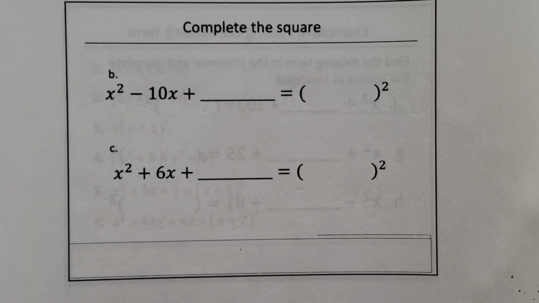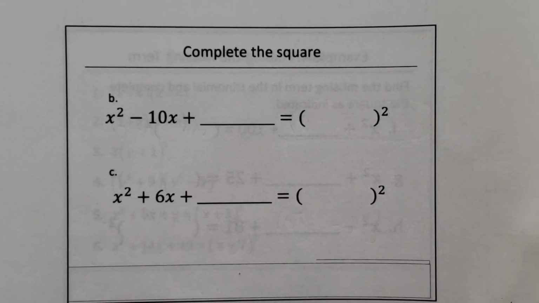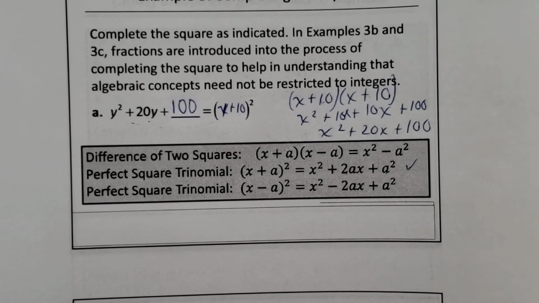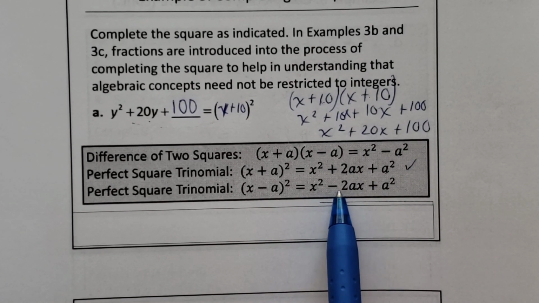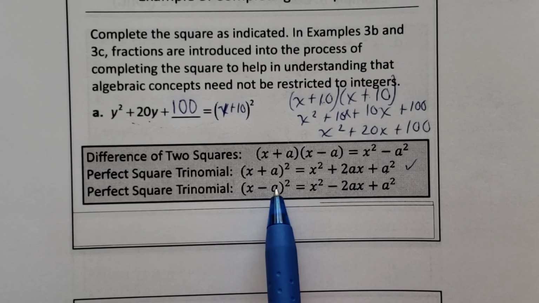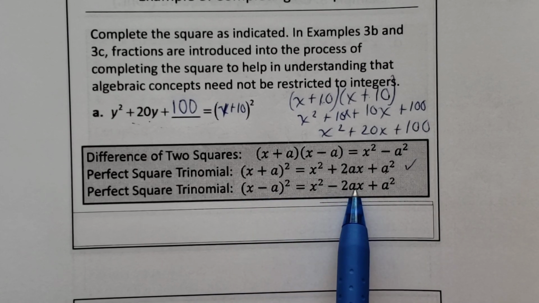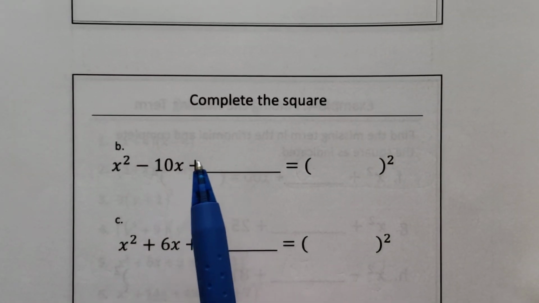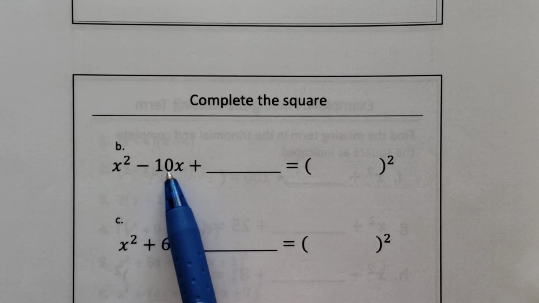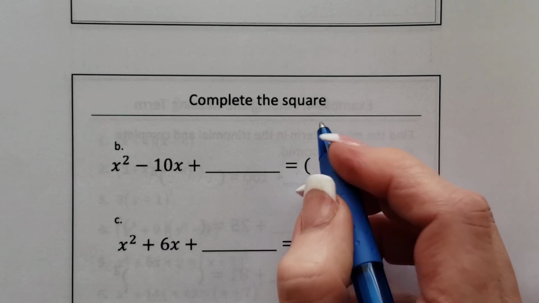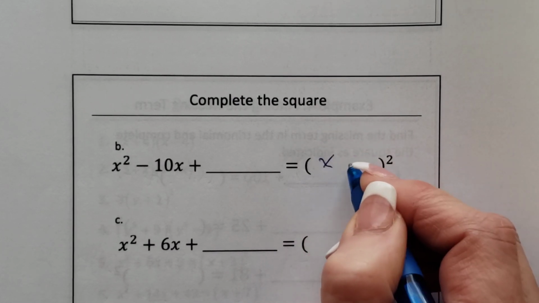All right, so let's look at letter B. This looks like this one right here. We have a minus and a plus. So the way we get A is the middle term has been doubled. So 10 is double what number? Well, 10 is double 5. So A is going to be 5.